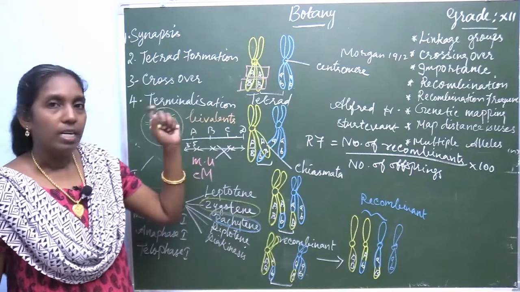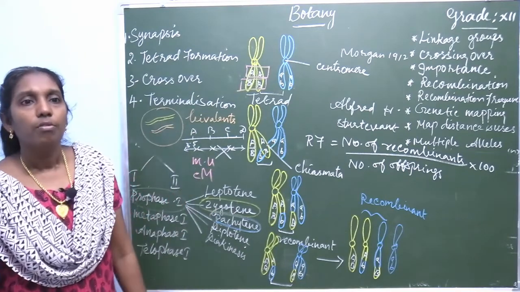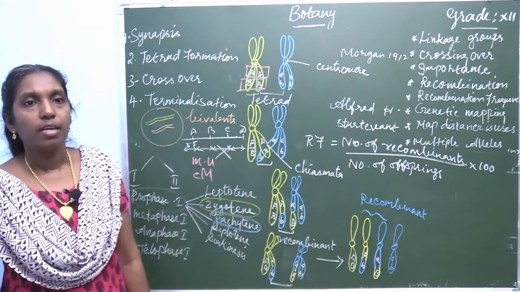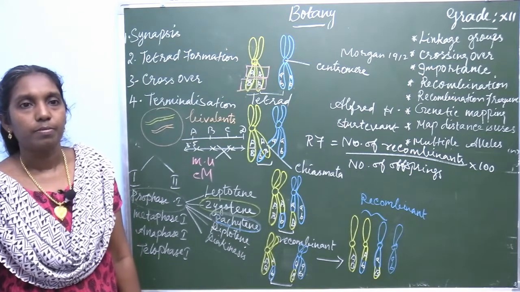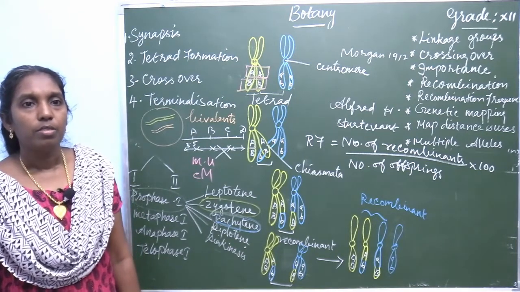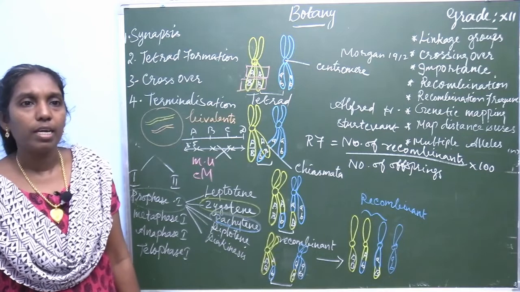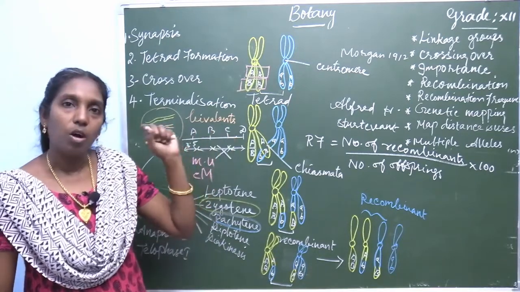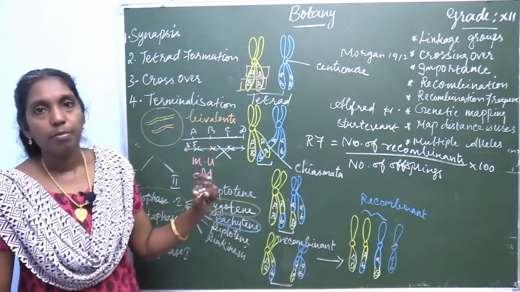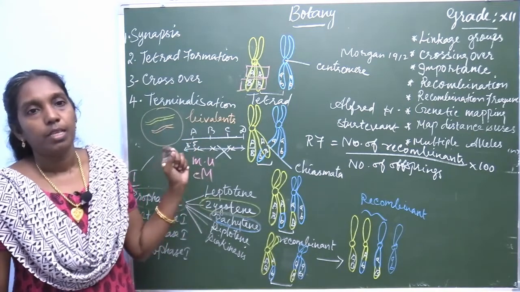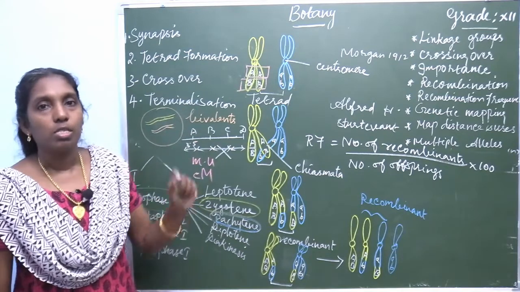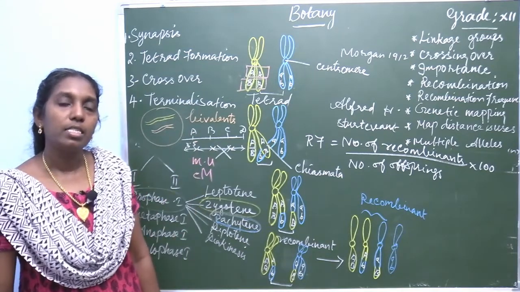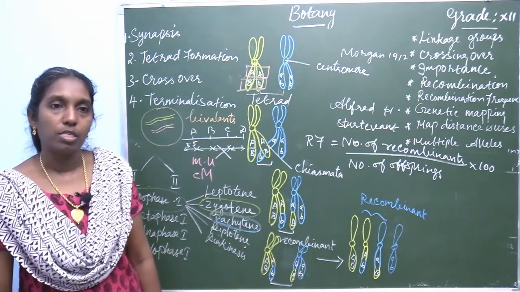Multiple alleles always occur in homologous chromosomes, and they always occupy the same locus. In multiple alleles, there is no crossing over.